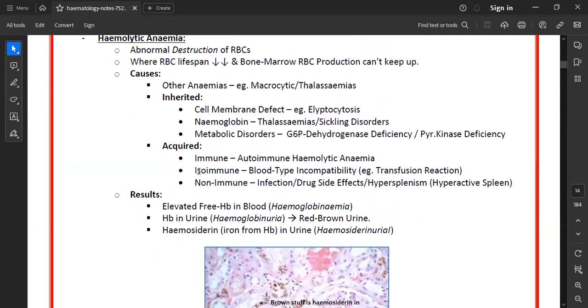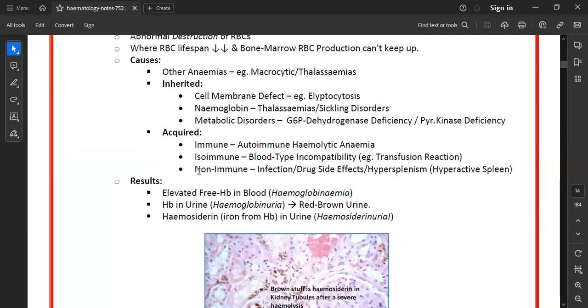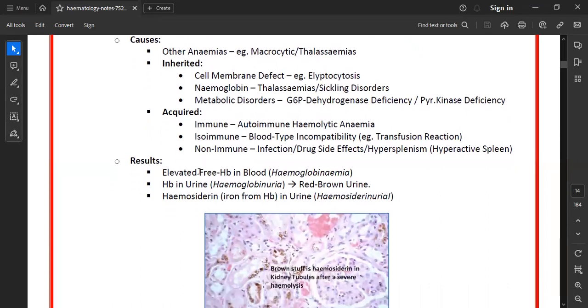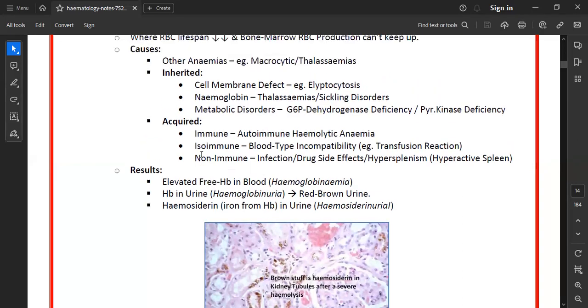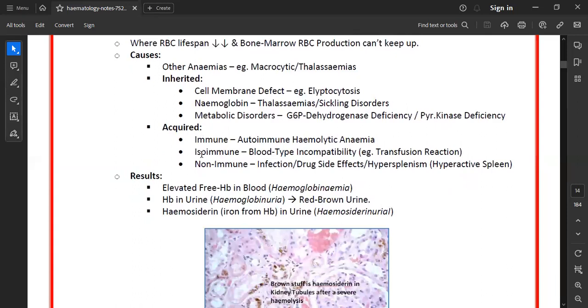So when it comes to hemolytic anemia, just as we've said, it's increased destruction of the red blood cells. Once they're destroyed, the red blood cell components will be released to flow freely in the blood. So this can be used for diagnosing. If you find high levels of free hemoglobin in the blood or in urine, it can help you determine that this is most likely hemolytic anemia.